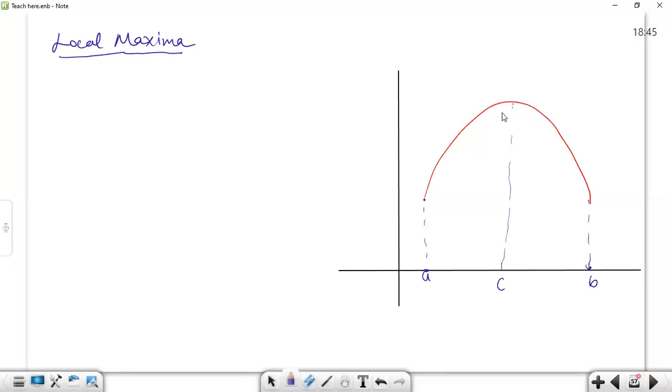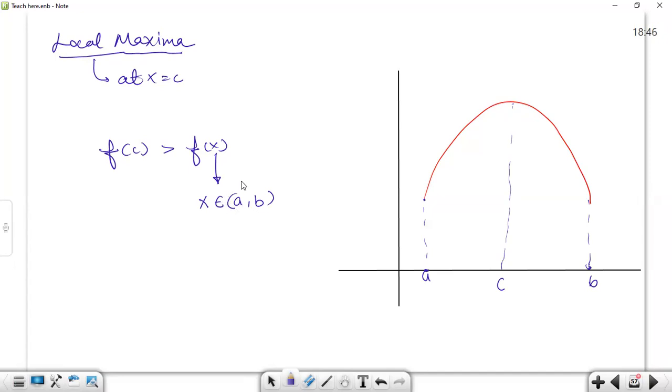As you can see from the graph, the local maxima exists at x equals c. So f of c is greater, every time it is greater, than f of x for all values of x belonging to a and b.